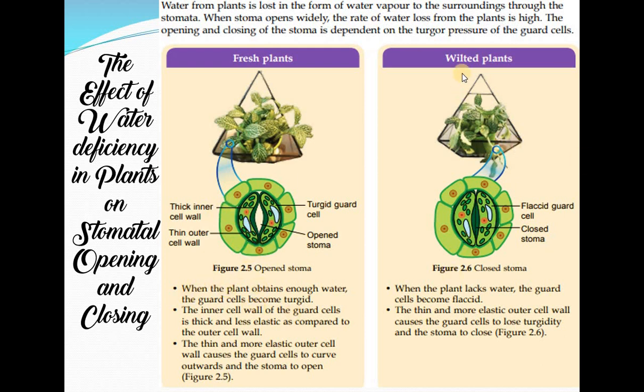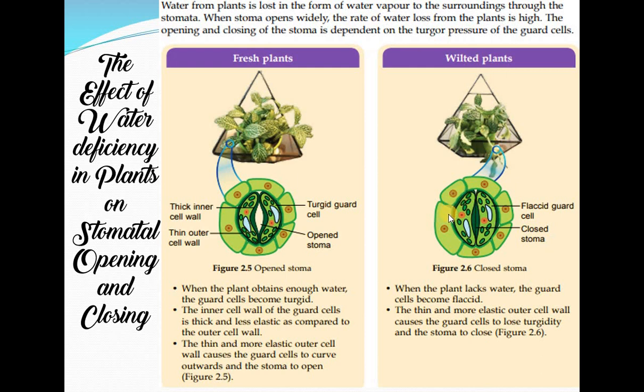So what about the wilted plant? When the plant lacks water, the guard cells become flaccid. The water content in the cell is low. The thin and more elastic outer cell wall causes the guard cell to lose its rigidity and the stoma to close.